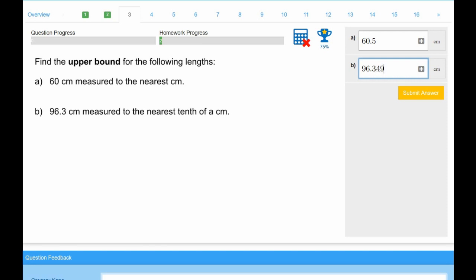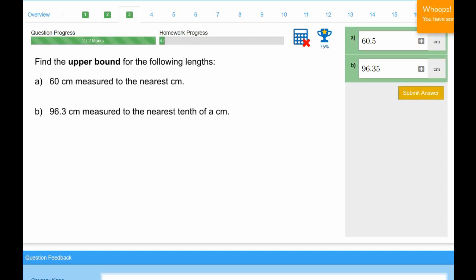But if I did this, that would still round down to 96.3. So what I do is write that as 96.35, because that's the maximum it could be, and it's still going to be within that error interval. And I appreciate that is quite tricky.